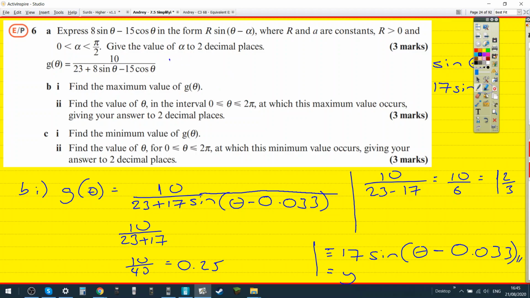So is the maximum 0.43? No, we had a bigger output than that. We had a much bigger one. The number shouldn't be getting smaller. So we did 10 over 23 plus 17 and we got 0.25. We also got 0.43. Did we do something else and get a bigger number?